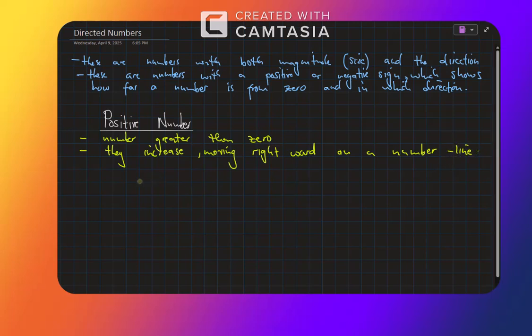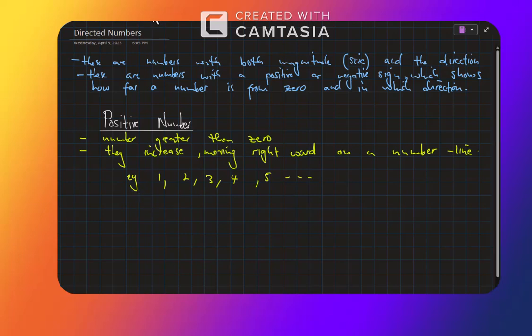For example, we're talking of 1, 2, 3, 4, 5, going this direction. These are what we call positive numbers.